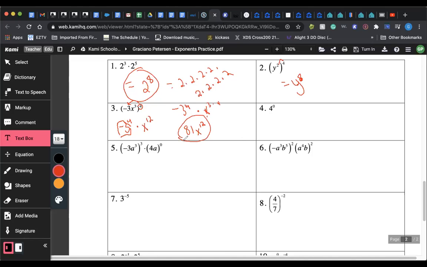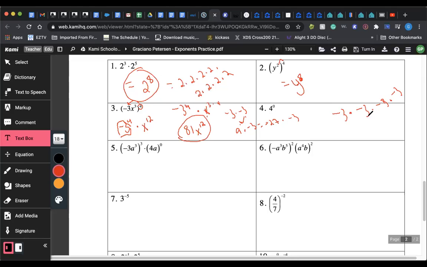So where's the 27? -3 times -3 gives me 9, right? 9 times -3 gives me -27, and then -27 times -3 gives me 81. Where's your 27? Because I ended up with 27 and 81. Yeah, you shouldn't have both.